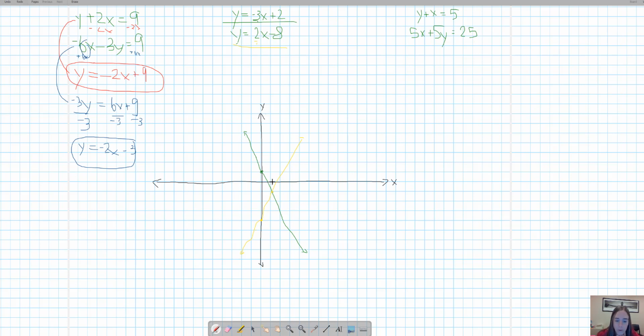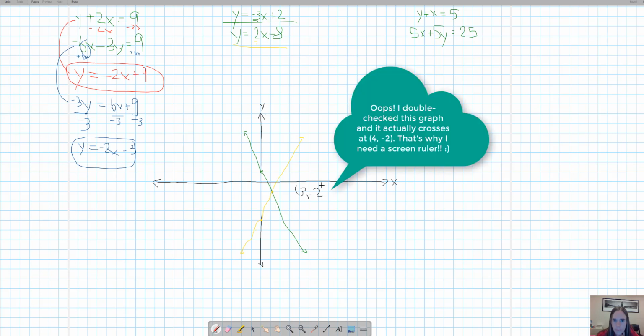So this is 2, 3, and -2 is where this would be crossing. So 3 and -2. Okay, so that's where those two lines would be crossing right there, would be 3 and -2.